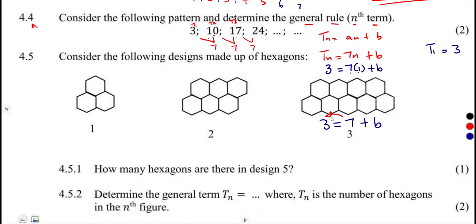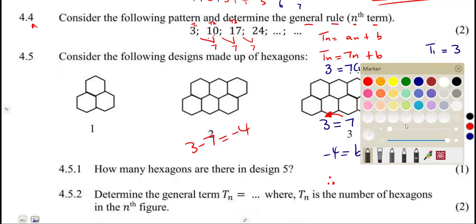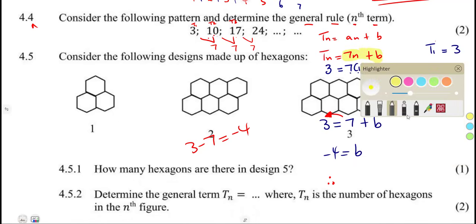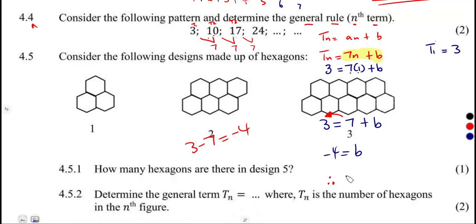Solving for b, we take this to the other side. 3 minus 7 is minus 4. So that's the value of b, minus 4. Therefore, our Tn, which is 7n plus b, we're going to write as Tn is equal to 7n minus 4. Remember, our b is minus 4. So that was it.